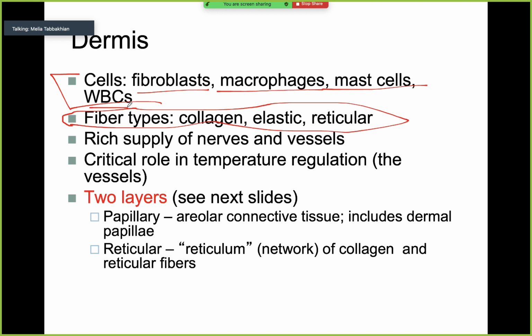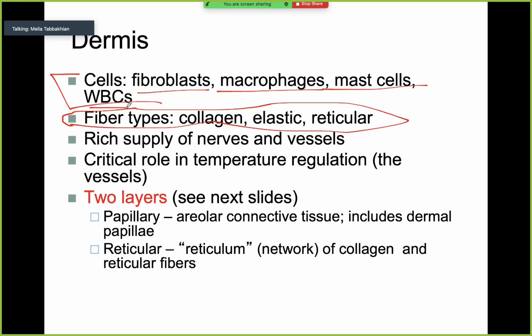There's a lot of nerves, a lot of blood vessels, and because there's a lot of blood vessels, it's responsible for temperature regulation.